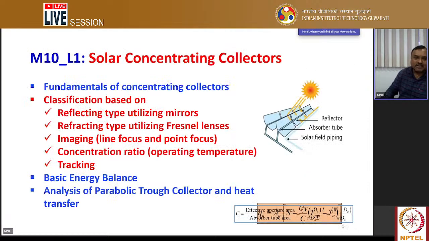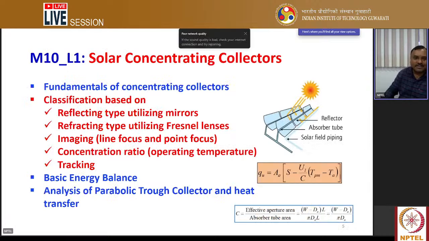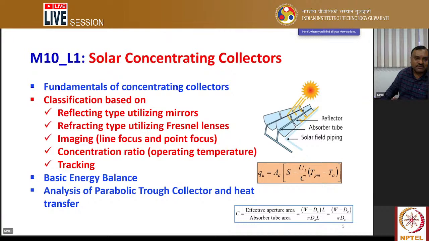In Lecture 1 of Module 10, concentrating solar collectors were discussed. Primarily, in this lecture, fundamentals and classifications of solar concentrating collectors were discussed.